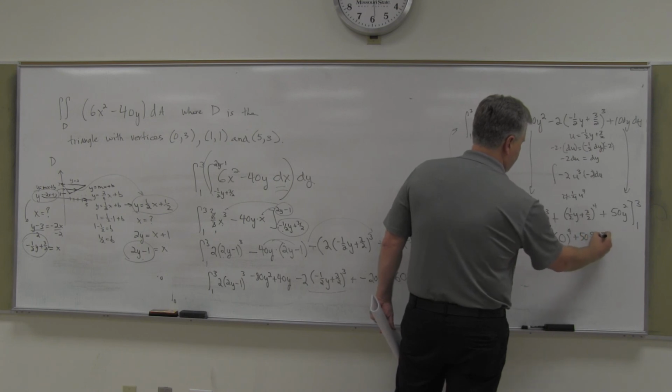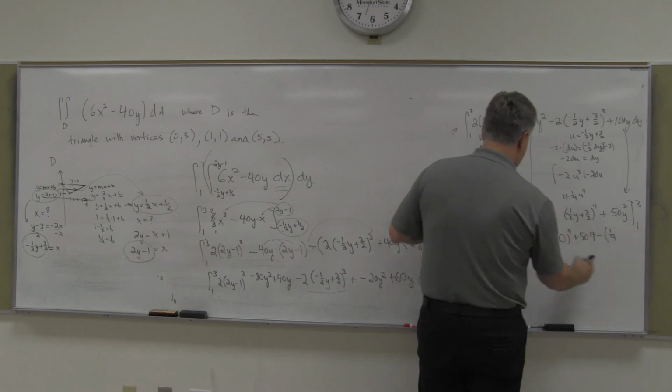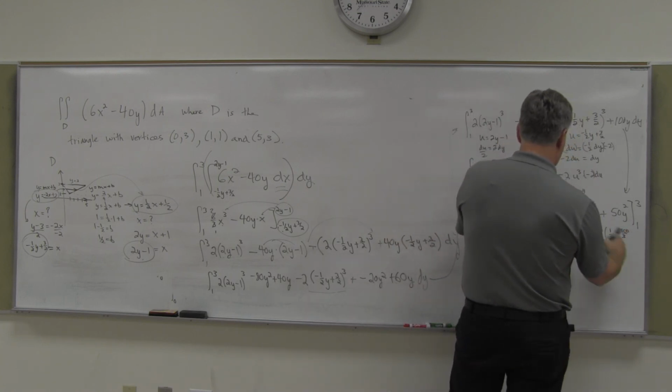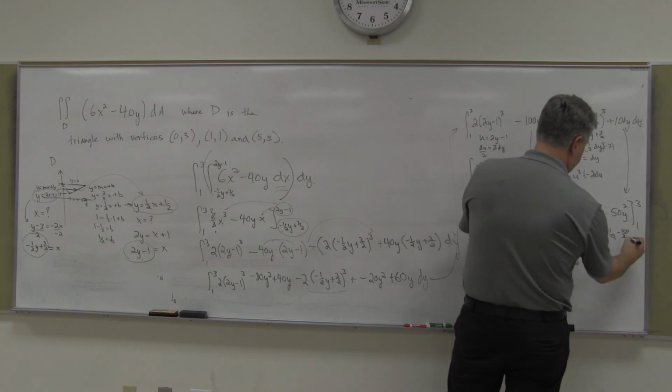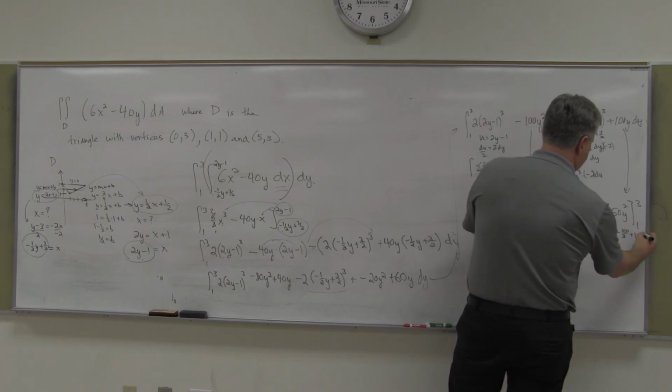And then plug in the 1s, 2 minus 1/2 is just 1/4 minus 100 thirds, minus 1/2 plus 3/2, that's 1, which is 1/4. And plus 50.